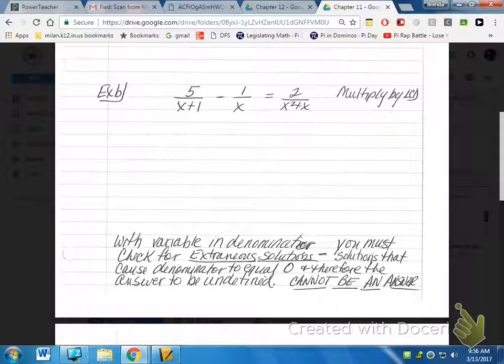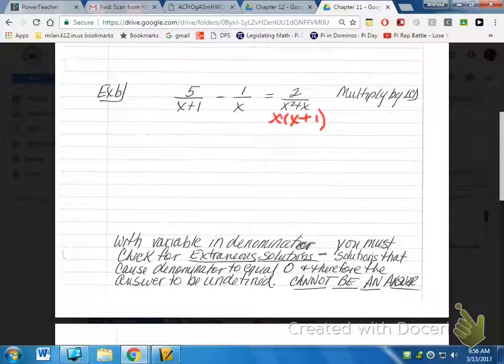The first thing you've got to do is look at all the denominators and see if they can be factored. x plus 1 can't be factored, and plain old x cannot be factored, but x squared plus x I can factor. I can factor out a common factor of x, and that would leave x plus 1.